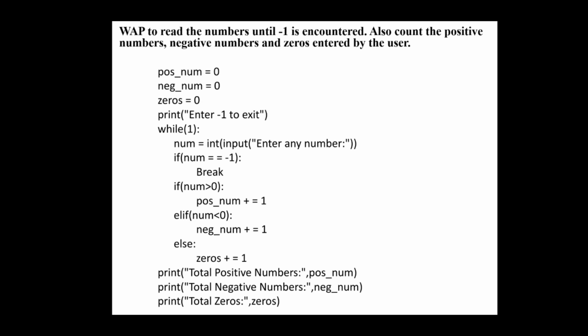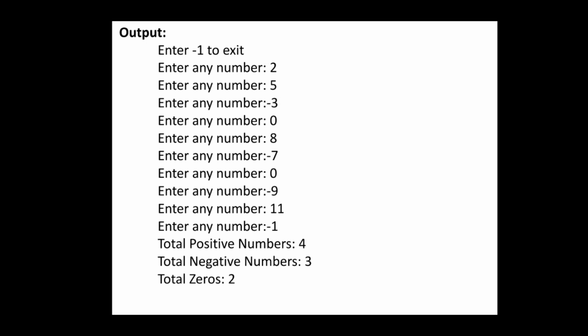So with the help of break, we exit from the while loop. Now total positive numbers equal to 4, total negative numbers equal to 3, and total zeros equal to 2. So this is the output. Enter -1 to exit, this is the first display.